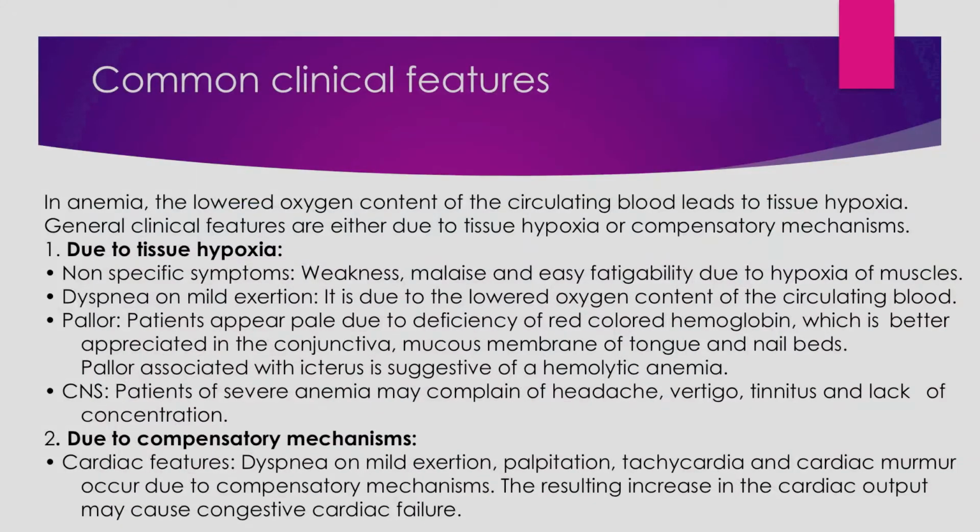The failure is because of increased cardiac output, because the body tissues will be deficient in oxygen and will demand more blood supply. Increased cardiac output increases the workload of the heart, and ultimately the heart will fail because of the increased workload over a longer period of time, which leads to congestive cardiac failure.